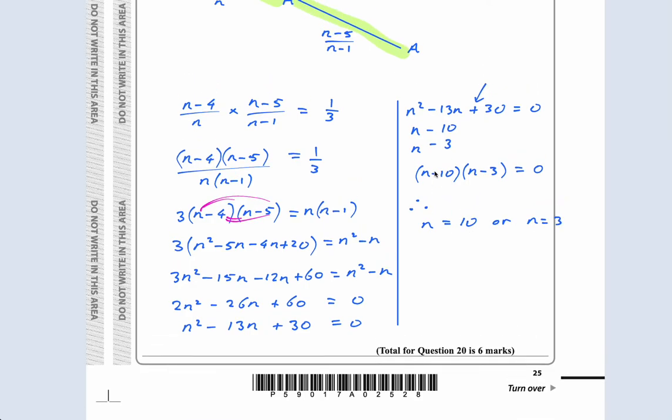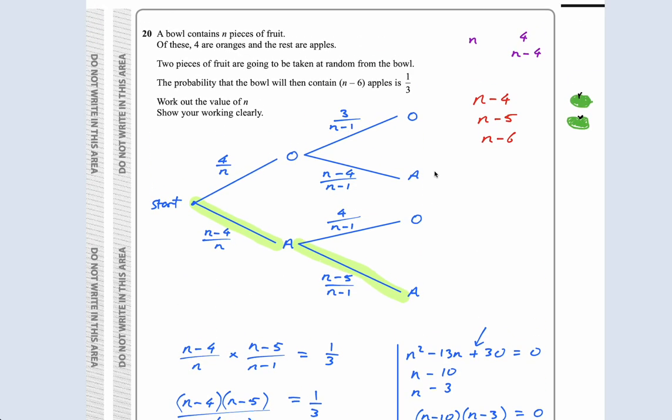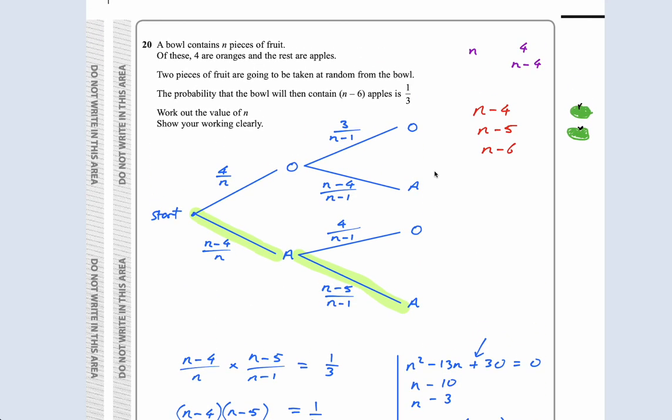Now let's just go up and have a look at this situation. Is it possible that n can equal 3? Well, let's look. It says that the probability that the bowl will contain n minus 6 apples is a third.